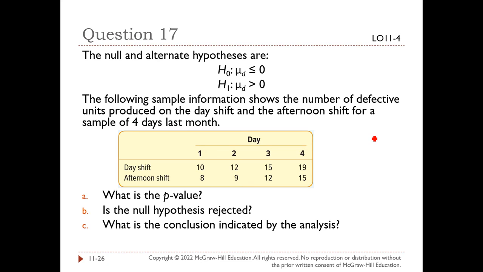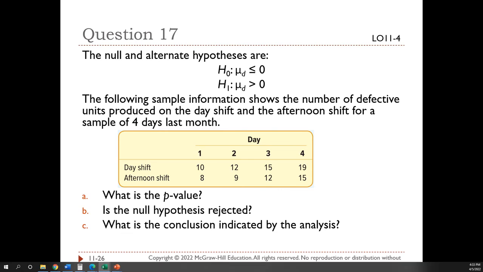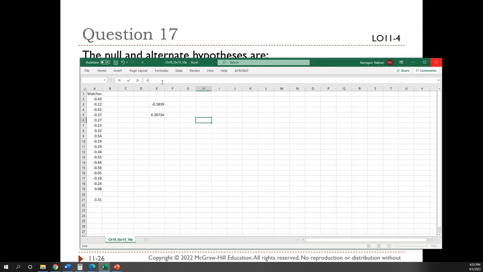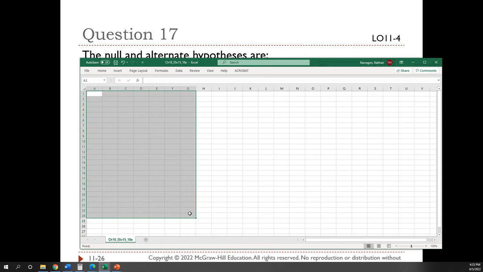So we have to start doing some numbers here. Alright, let's get our Excel going. Remember, this is all based on differences.